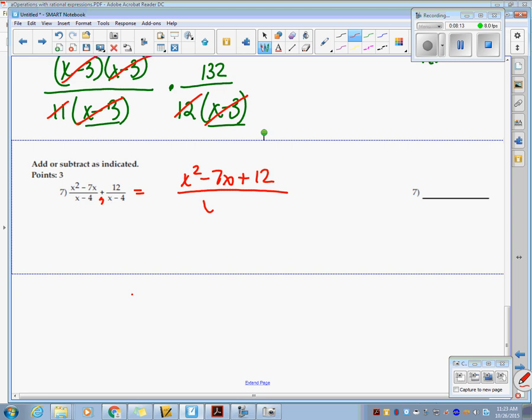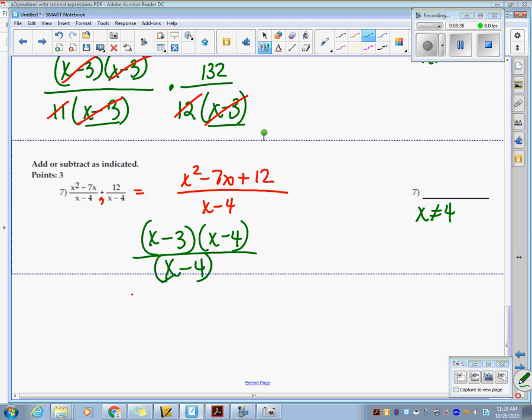So here again, we need to take a look at the restrictions. X cannot be 4. If x was 4, we would be dividing by 0. And now we need to simplify this. As we simplify this, this is x minus 3 times x minus 4 over x minus 4, and the x minus 4's cancel, and so the answer is x minus 3.